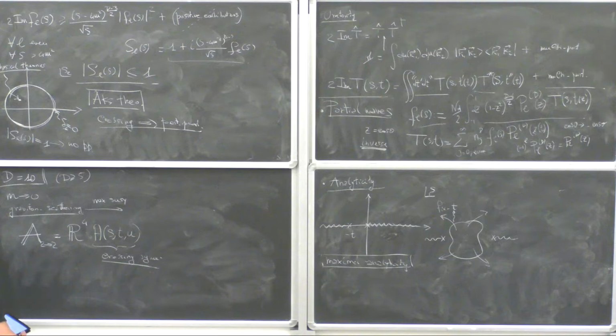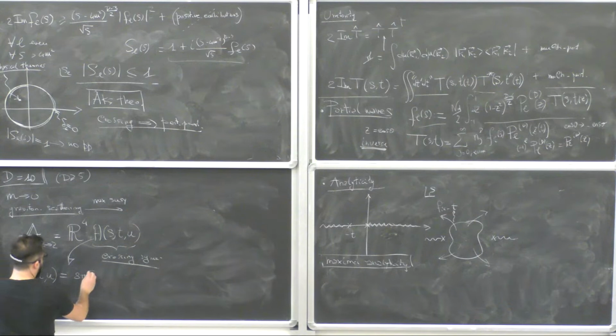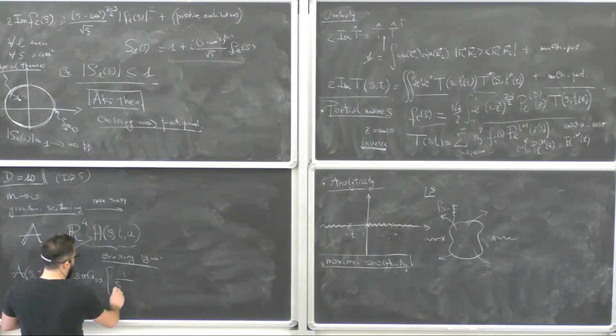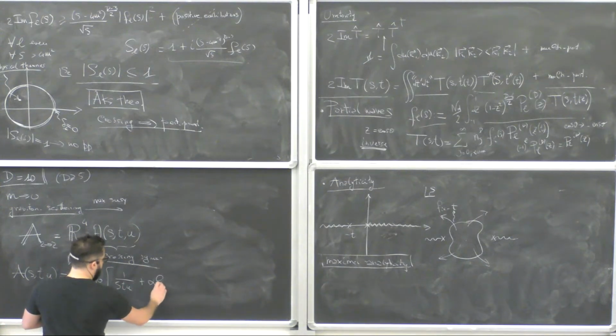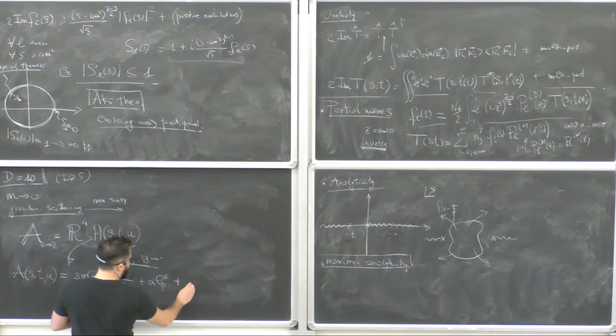Okay. And now, how do we say that this is gravity? We will input this by imposing the constraint that this function A of STU, when expanded at low energy, will behave as some constant times 1 over STU, alpha, l Planck to the 6, plus dot dot dot.